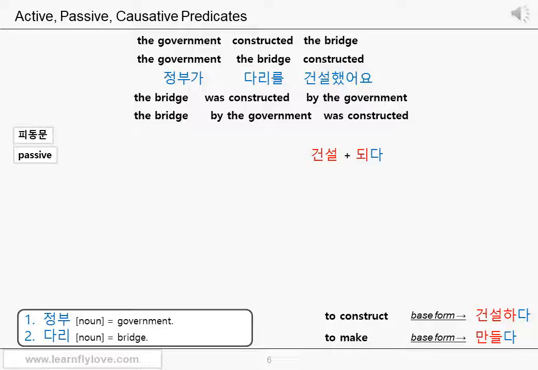But you don't add it to the stem. You add it to the noun 건설, which means construction. So the passive form of the verb 건설하다 is 건설되다. It's not 건설하되다. It's just 건설되다.